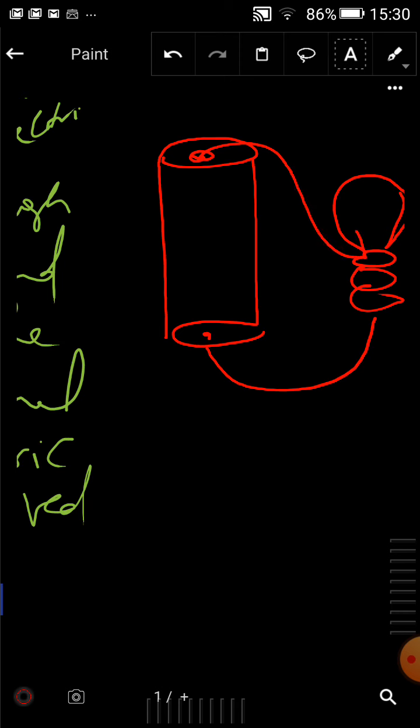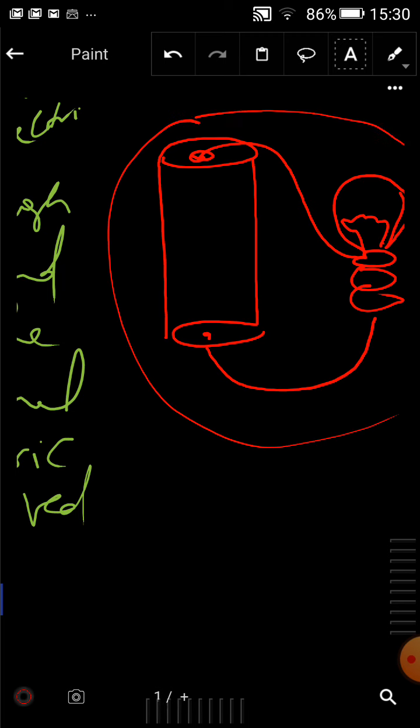This complete set, if you observe, is known as a circuit.